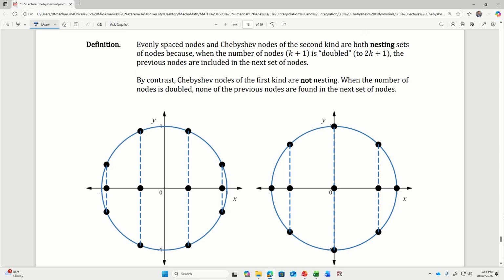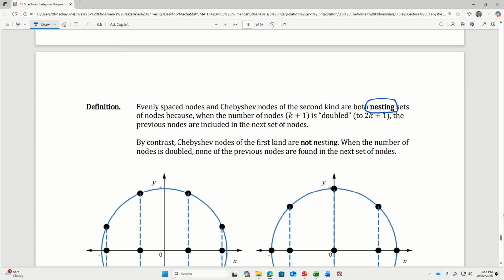The next new vocabulary term is the word nesting. Evenly spaced nodes are nesting. And what I mean by that is this. If I were to draw you some evenly spaced nodes on this interval, here's 3 evenly spaced nodes. So this would be like a Simpson's rule nodes.